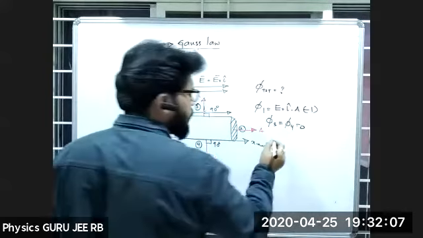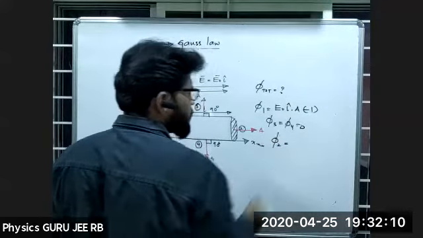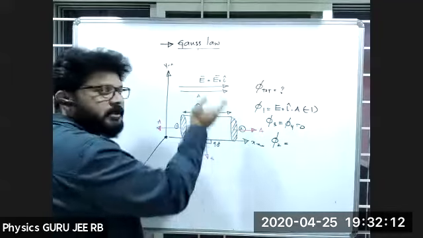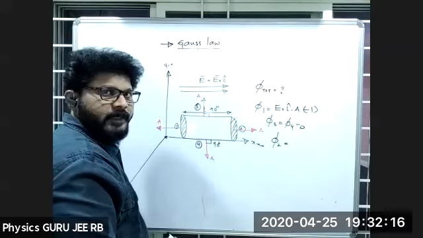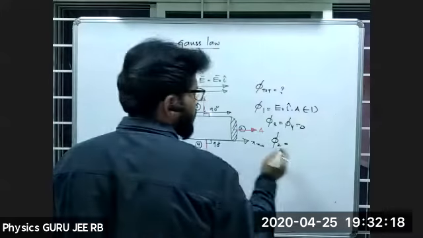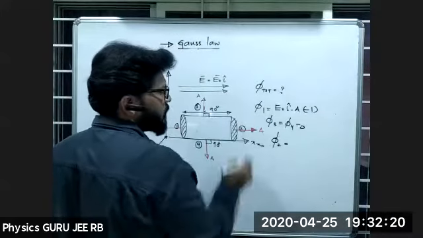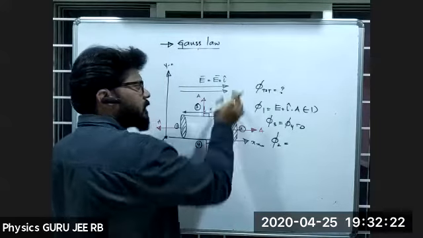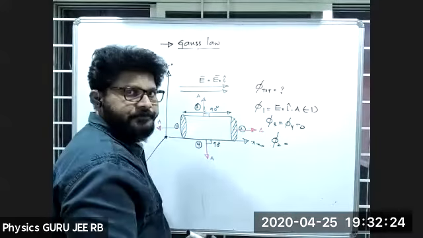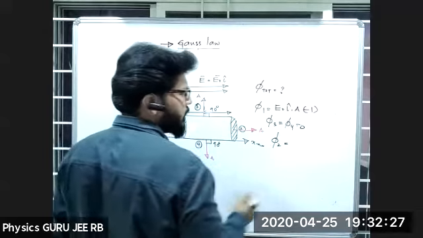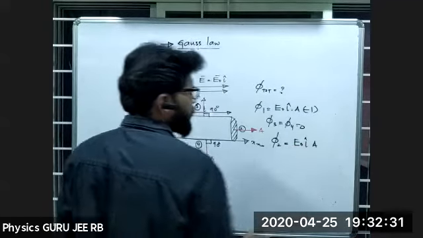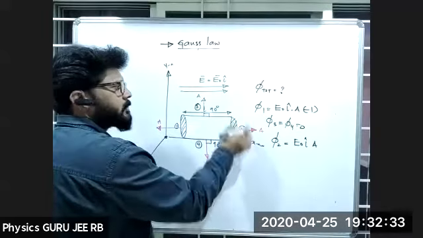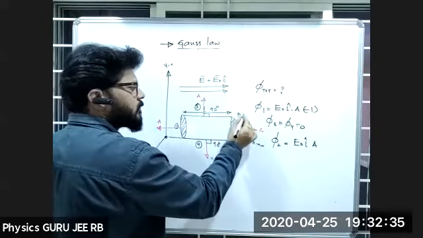Next, phi 2. In the same direction, I'm taking the same direction: A and E naught into A are both in the same direction. So E naught into I cap times A, and theta is nothing but 0.